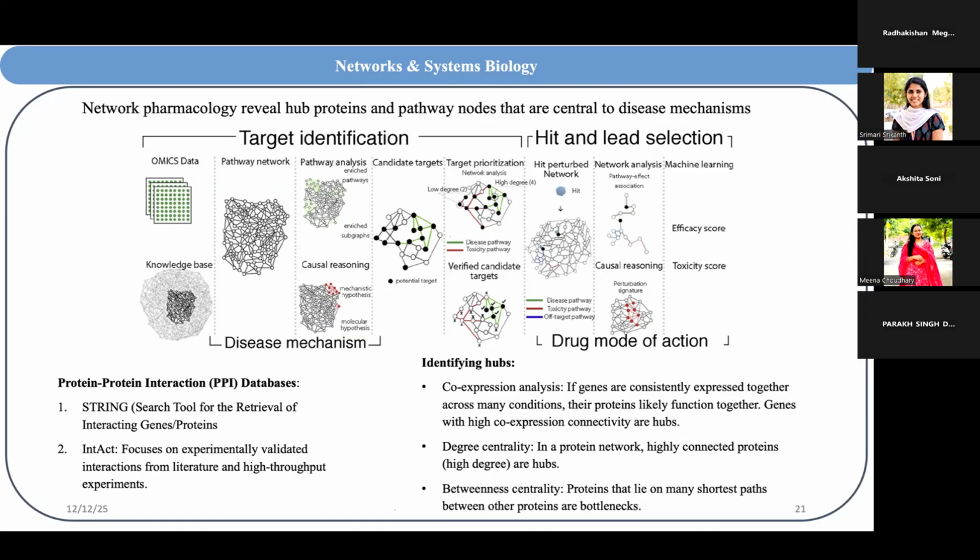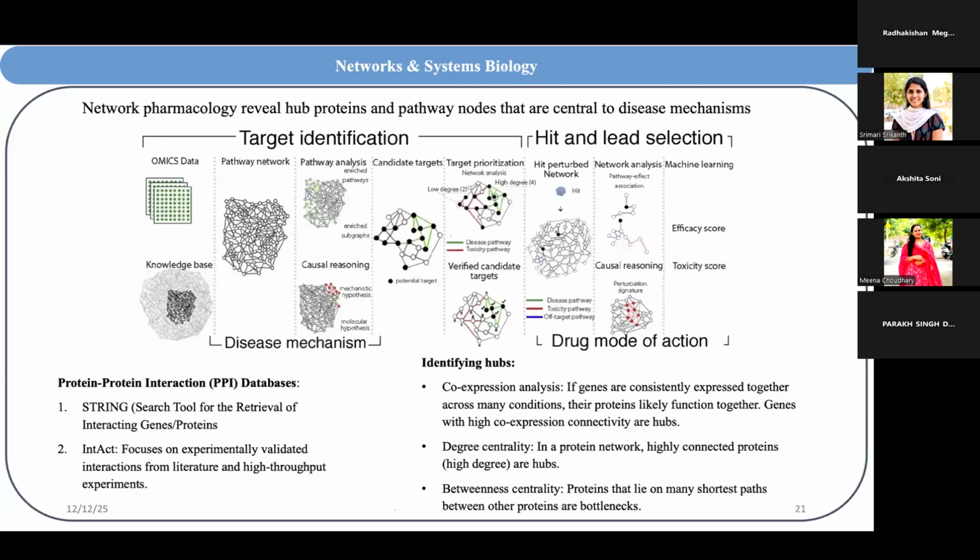So genes with co-expression patterns may have connectivity in our hubs. In degree centrality, in a protein network, highly connected proteins are considered hubs. And betweenness centrality identifies proteins that lie on many shortest paths between other proteins, the bottlenecks. So this is how we can predict it.